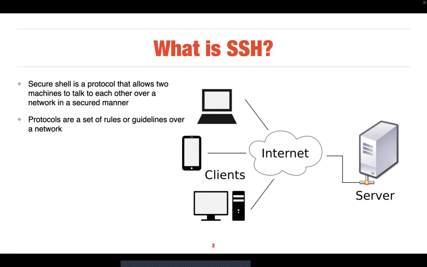If we need to access the other machine's data or the server's data in a secured manner, we need to establish a set of rules. That is called the secure shell protocol. It works on a client-server model, as we have discussed. There is a client and a server, and the rules on which they talk over the internet, that is called SSH.